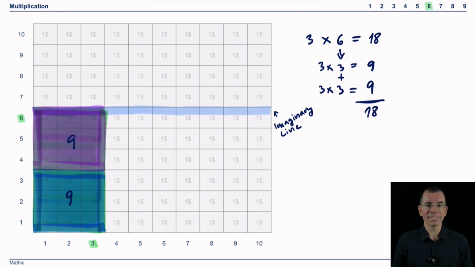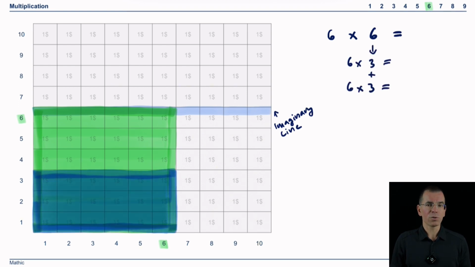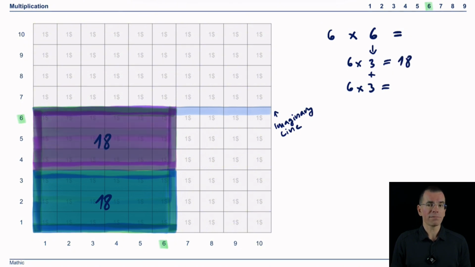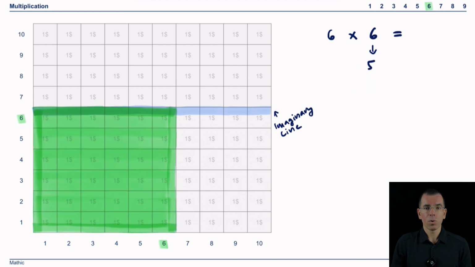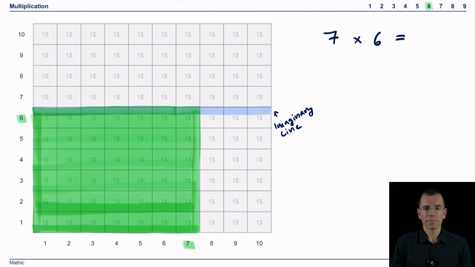The result will be the sum of these two numbers. 6 times 6, we can split 6 into 3 plus 3 and calculate 6 times 3 plus 6 times 3, that is 18 plus 18. Or we can split 6 into 5 plus 1, multiplying 6 times 5 first and adding 6 times 1 on top, that is 30 plus 6. This approach seems to be simpler here.